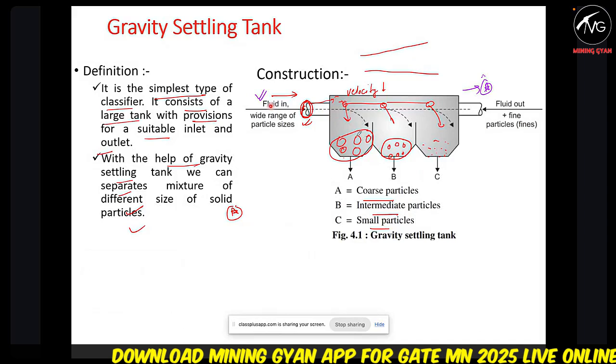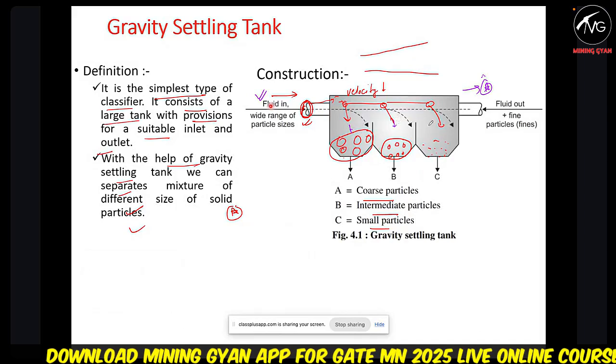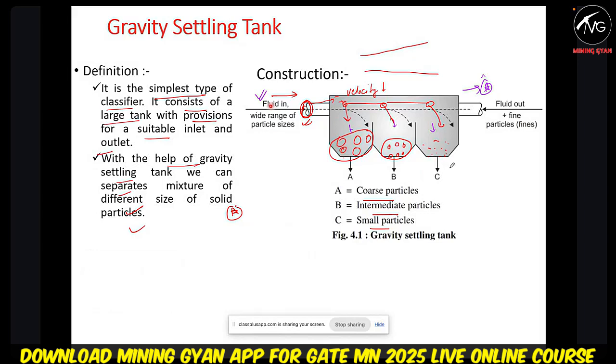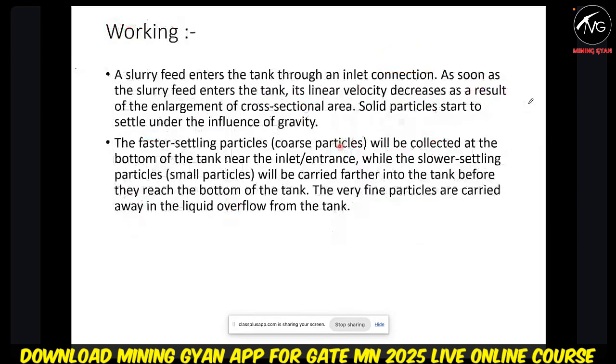Some of the particles will fall here, some will fall down here, some will fall down here, and the very little particles that remain will come out with this air. It will be our outlet in your case.